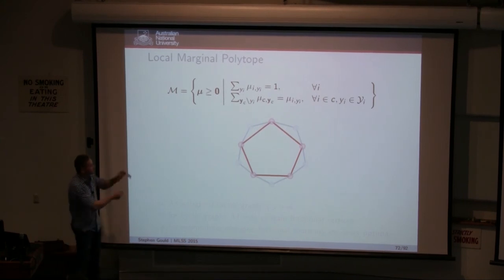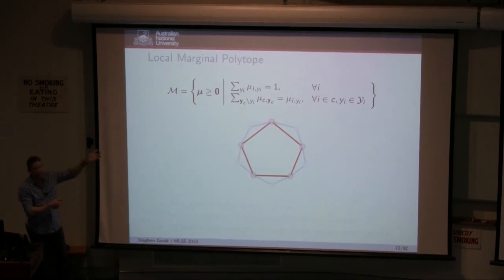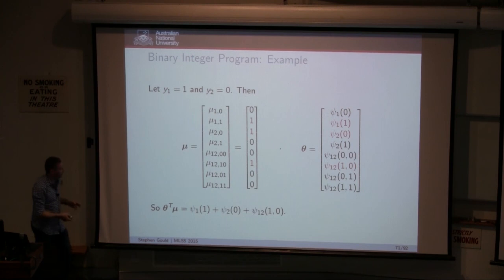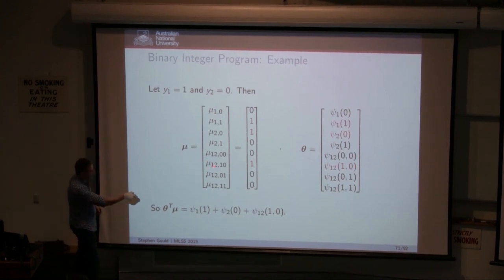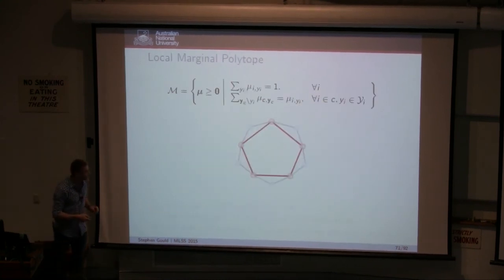You can think of the marginal polytope as the subspace which defines valid solutions, where my indicator vectors are in agreement with each other. In particular, this pairwise indicator vector agrees with the indicator variables for the unary case.